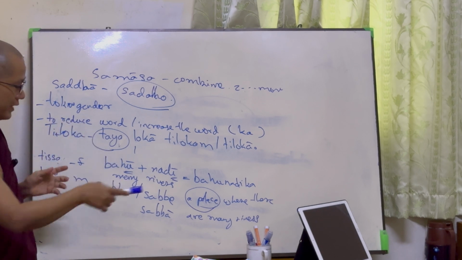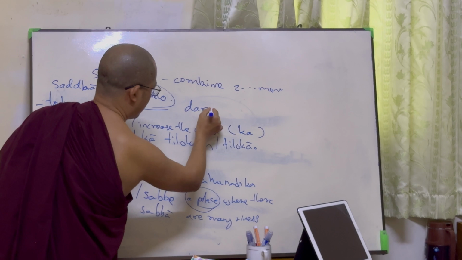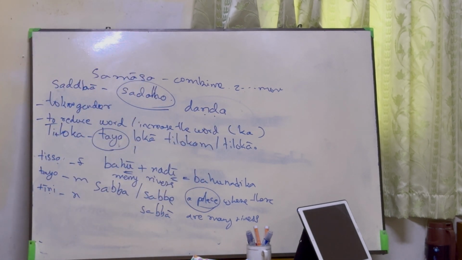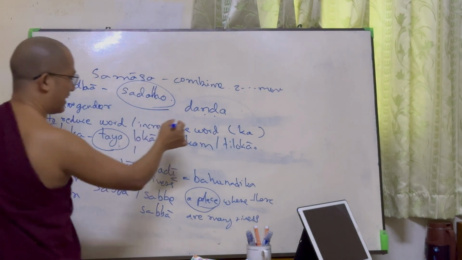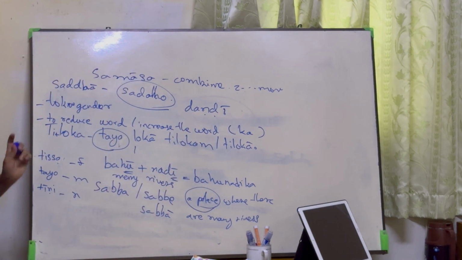If you want to refer to, for example, daṇḍa. Daṇḍa means the stick, not the punishment. Daṇḍa changes into daṇḍī, at the time, one who holds the stick. Part of the passive.